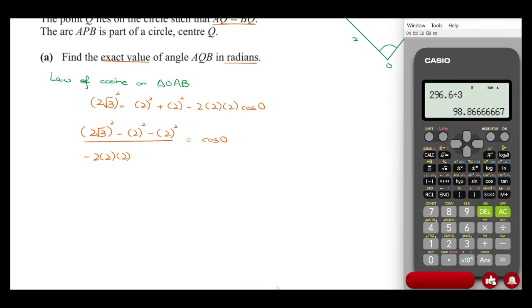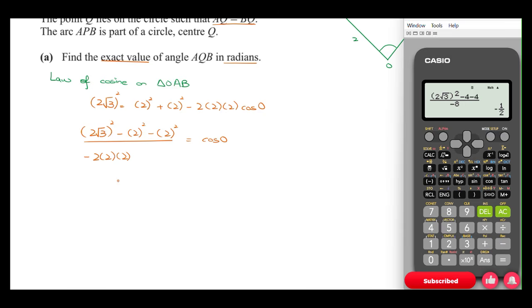Now if I calculate this: root 3 bracket squared, times 4, minus 4, because 2 squared is 4, and divided by negative 2 times 2 times 2, which is negative 8, gives minus 1 by 2.